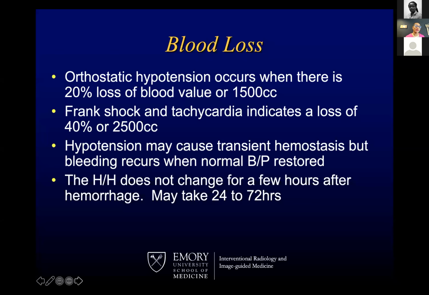And this concept of orthostatic hypotension, that you see when someone's blood pressure changes from laying down to sitting up, is seen when there's around 20% loss in their blood volume, or around 1,500 cc's. Or when someone now is hypotensive and is tachycardic or in shock, that's someone that has lost around 40% of their blood volume. So you're already recognizing from your clinical evaluation of someone how much blood they have lost already.